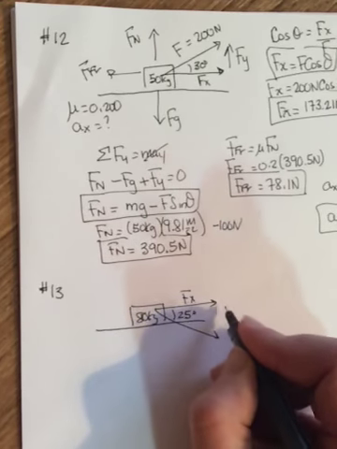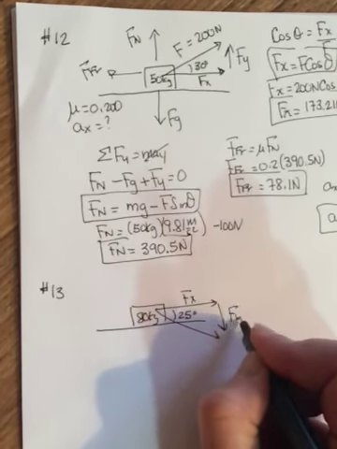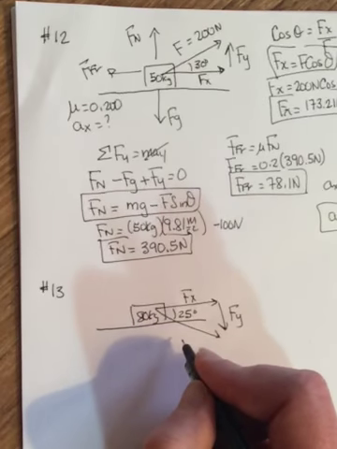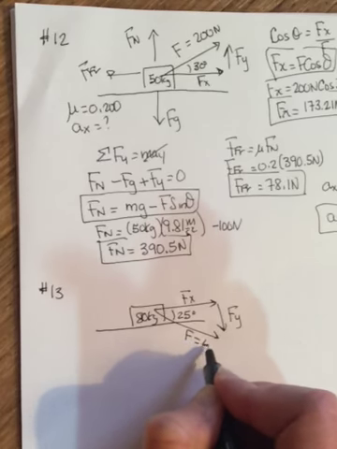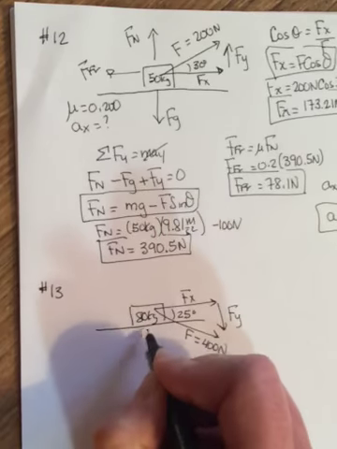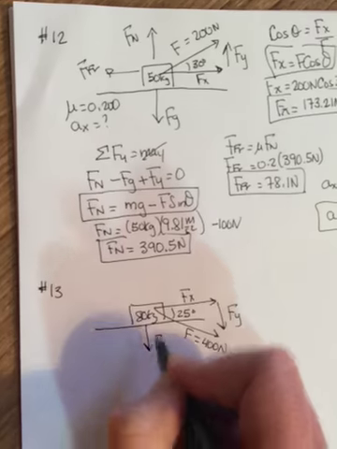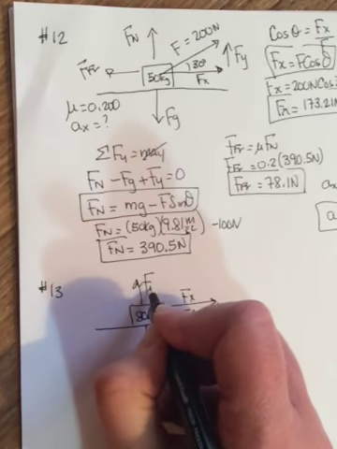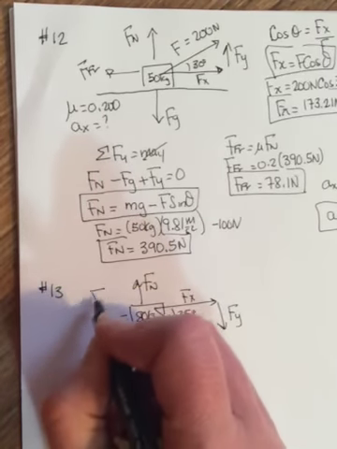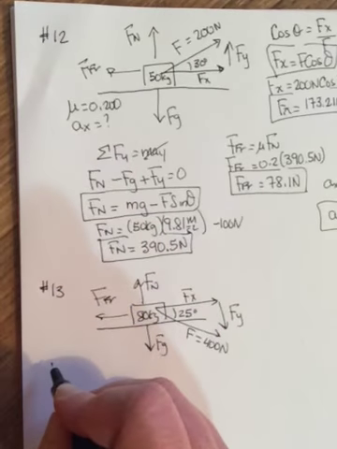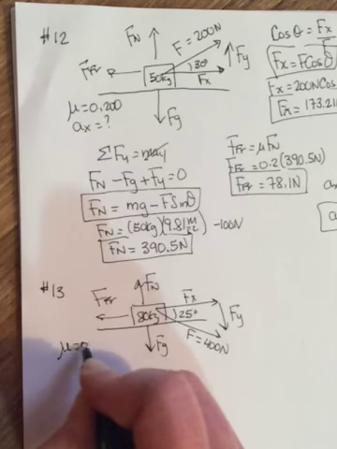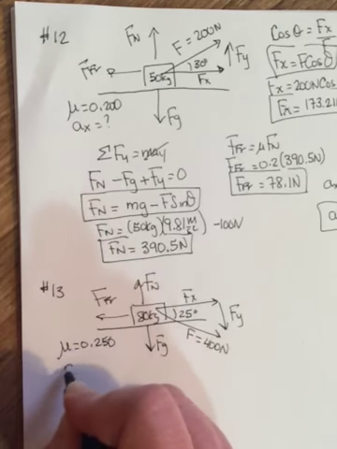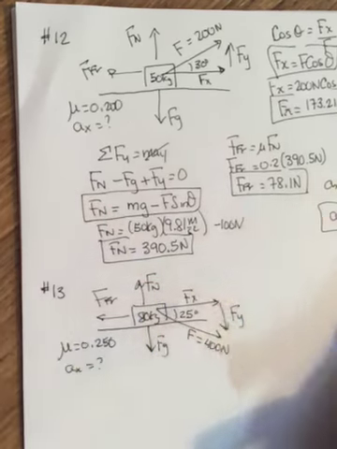This is Fx. This is Fy. A force of 400 newtons. So F equals 400 newtons. This will be Fg. Fn, friction. And it tells us in the question that the coefficient of friction is 0.25, and this time it wants us to find A in the x direction, of course.